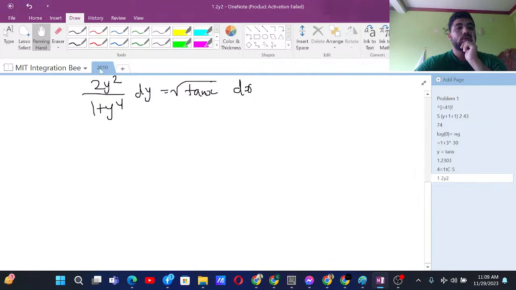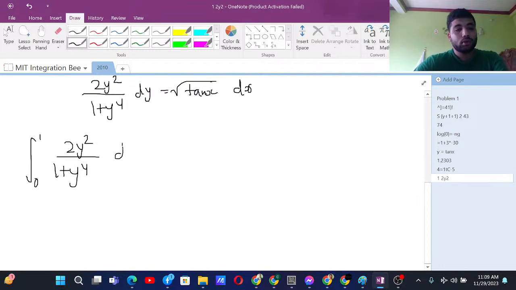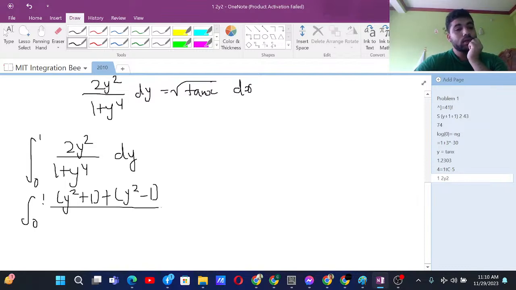Now let's undo that. Integral from 0 to 1, 2y square by 1 plus y to the power 4 dy. What we can basically do is make this as y square plus 1 plus y square minus 1 over 1 plus y to the power 4 dy.